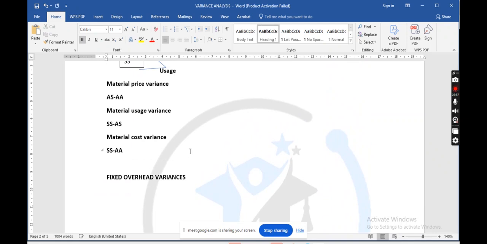The next variance is called what? Labor variance.